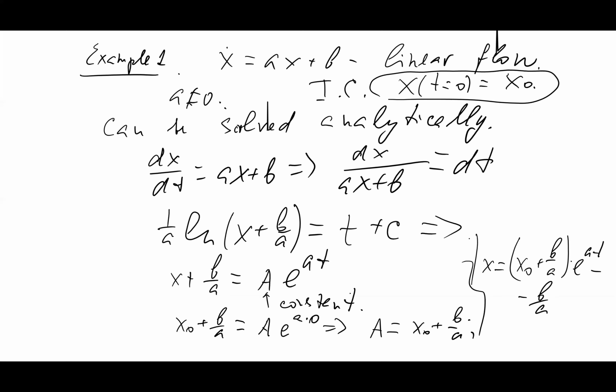So this is the analytical solution. The function x of t equals x naught plus b over a times e to the power of at minus b over a.